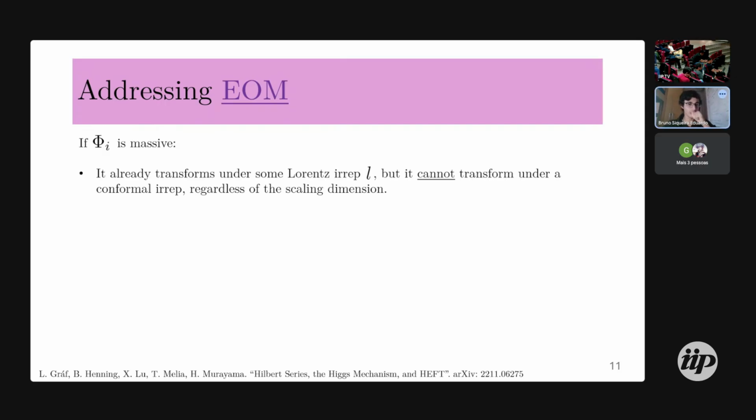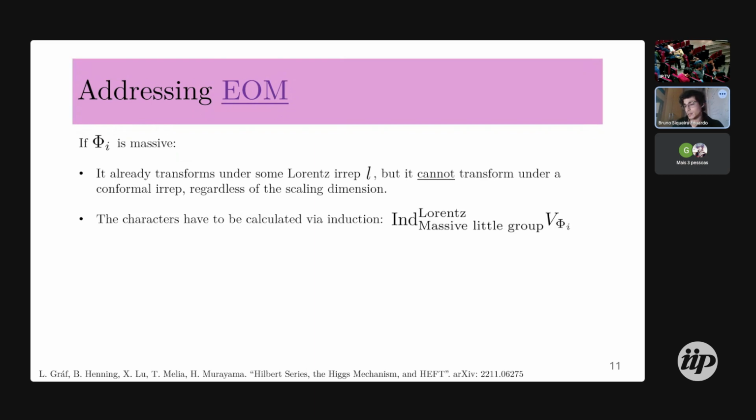For massive fields, the situation is a bit different because massive fields do not respect conformal symmetry at all. So what you do, you use another technique which is called induction. You resort to the massive little group.